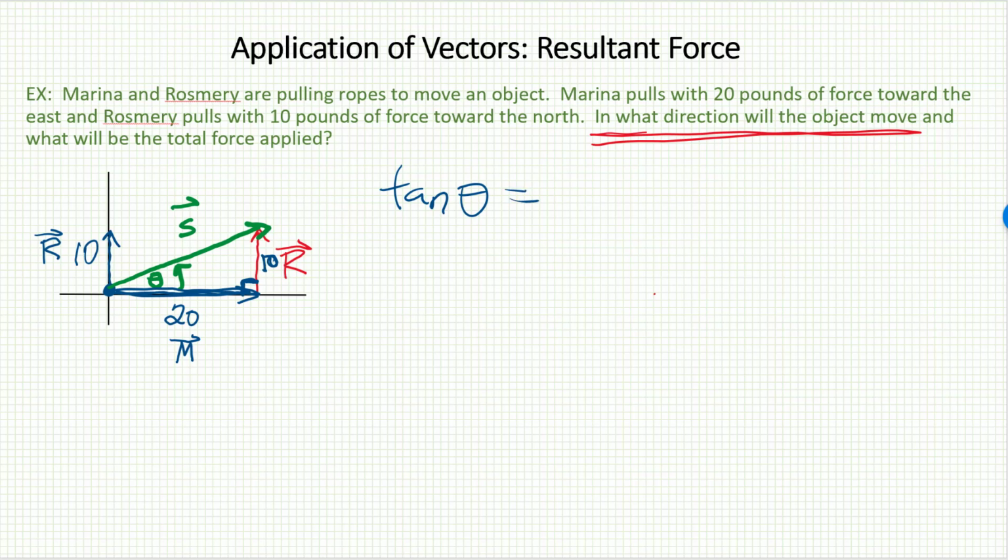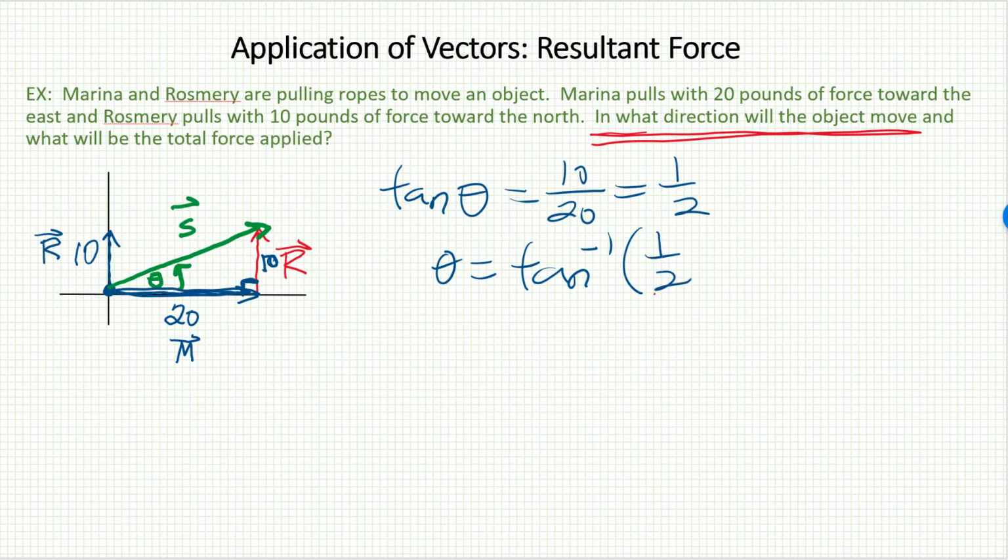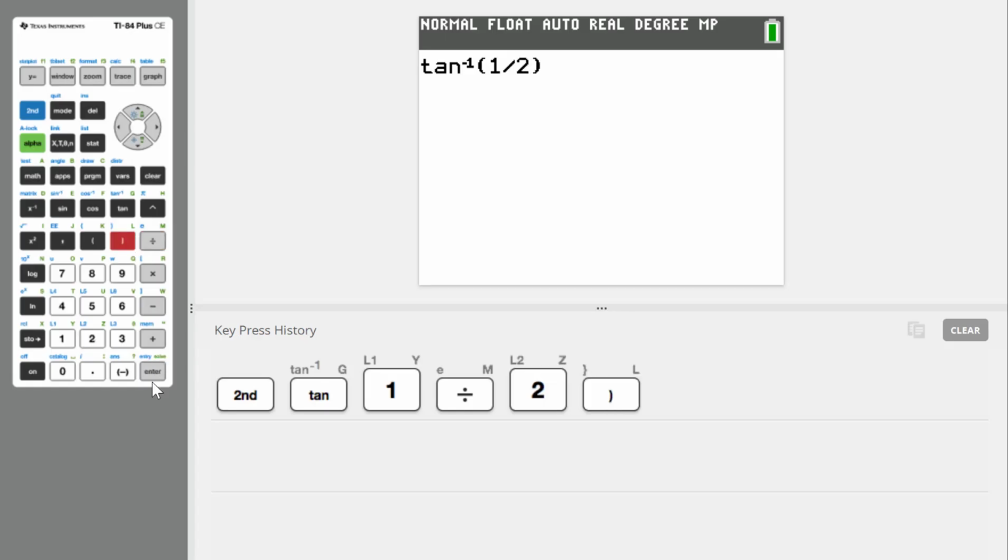Tangent of that angle would be opposite over adjacent. That reduces to 1/2. This is an acute angle, and so to find theta, all I would have to do is use the inverse tangent button on the calculator. Tangent inverse 1/2 comes out 26.6 degrees.